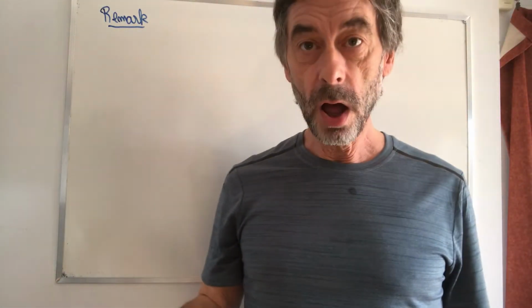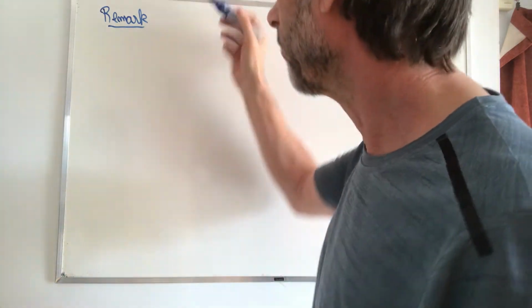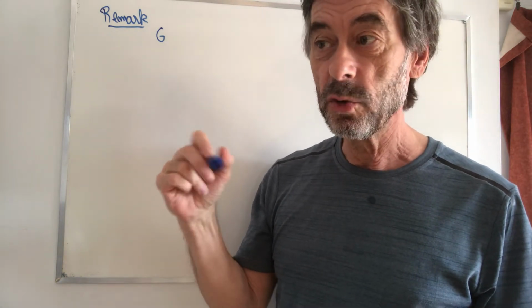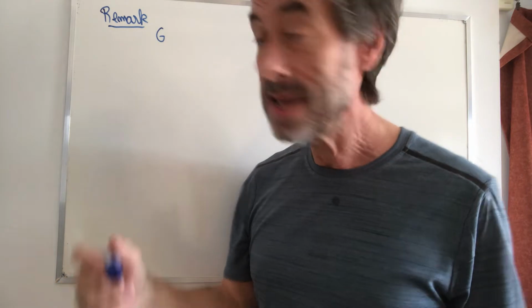So a little remark before we go on. The graph of log base 2, as we saw it, is extremely similar to the graph of ln of x, which is log base very close to 2 actually, 2.78. So log base e, right?